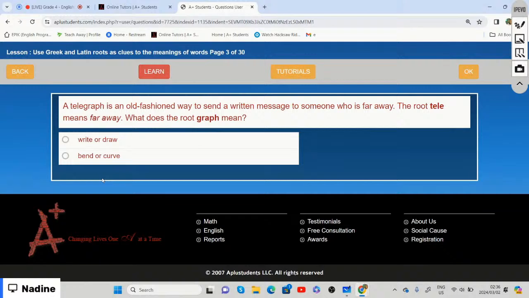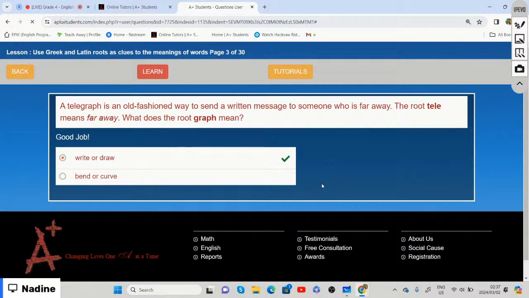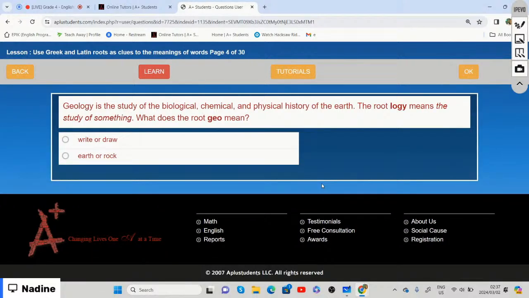If we choose the correct option, we will go with the first option, which is that graph means to write or to draw. So well done. That is correct.